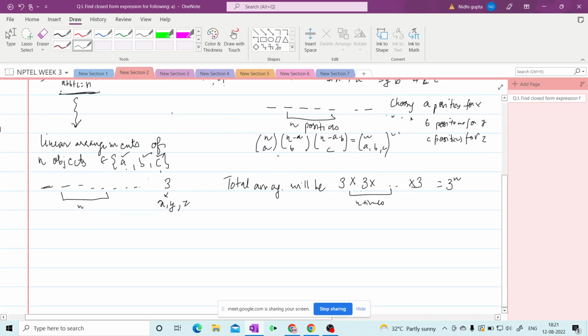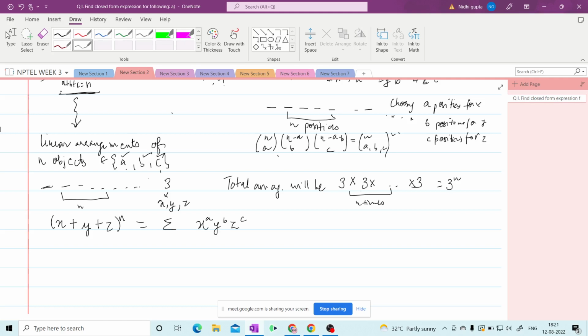Another way to look at this is, if we want to compute the expression (x plus y plus z) raised to the power n. If we want to open this up, any term here will look like x^a y^b z^c, where a plus b plus c is equal to n.